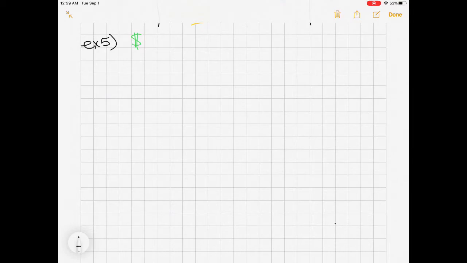Okay, so let's just say Bob has a go-kart racing business, and this is my very, very sad attempt at a go-kart. It's really bad. Anyway, he has a go-kart business, okay?